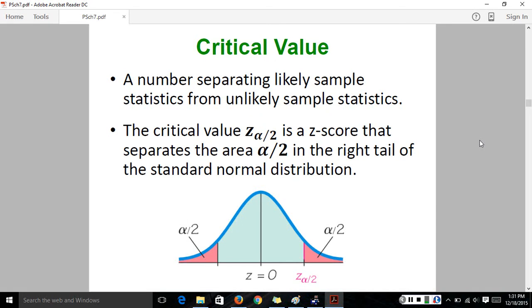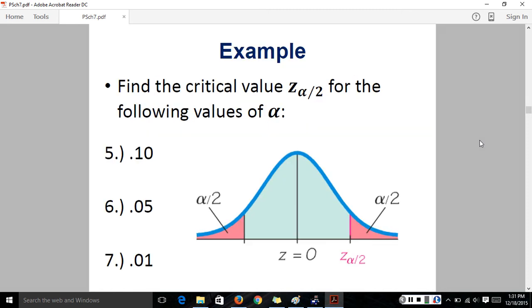So alpha would be what's left, and half of alpha is in each tail. The z-score on the right-hand side is the critical value. These will be important because they're used to construct confidence intervals.